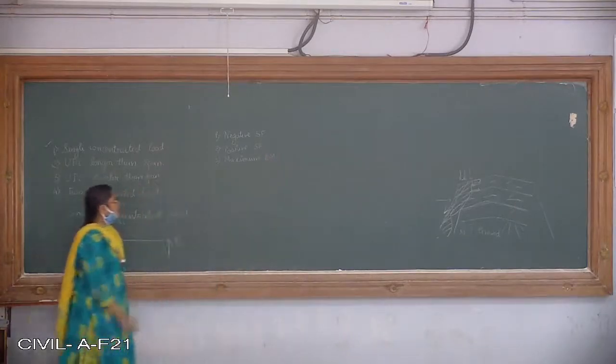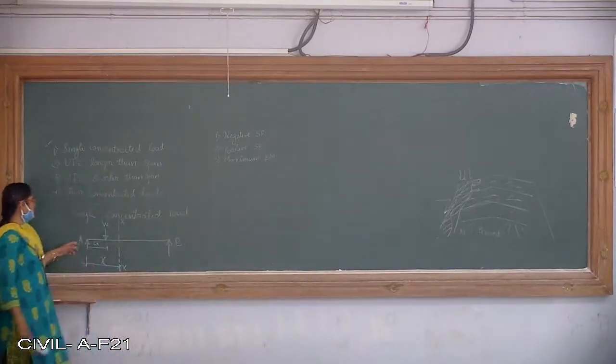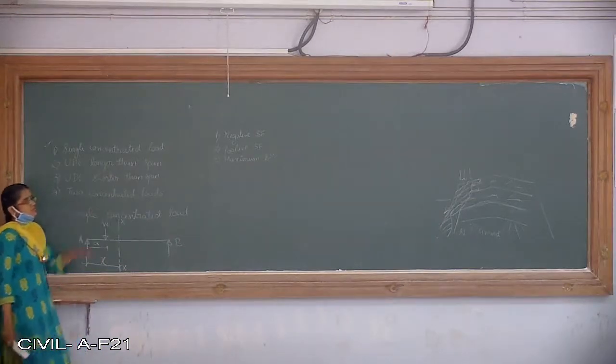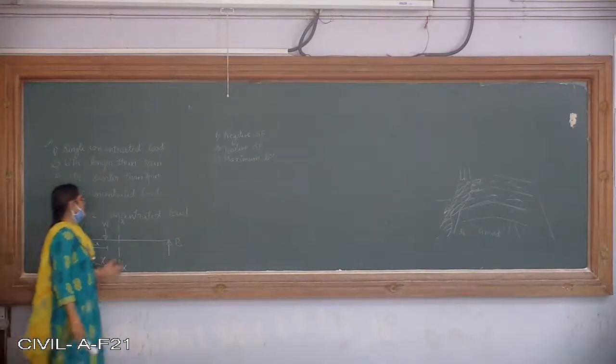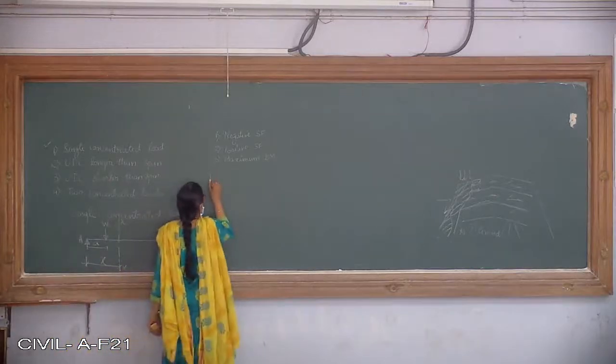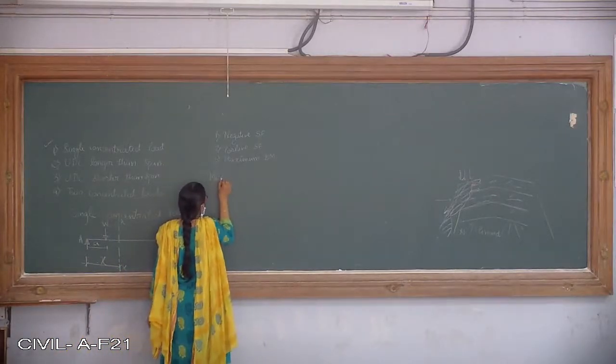Okay. Now here we are discussing, first we will try to find out what is a negative shear force and how it is calculated. Now here I will tell you the negative shear force, we will be calculating maximum negative shear force.